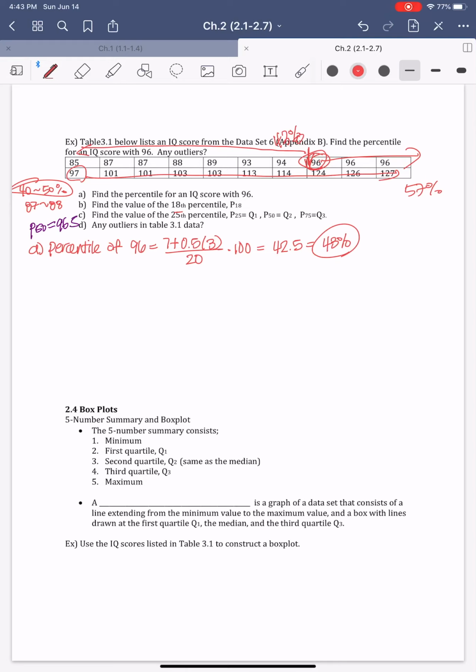So let me write a sentence. An IQ score of 96 is in the 43rd percentile.